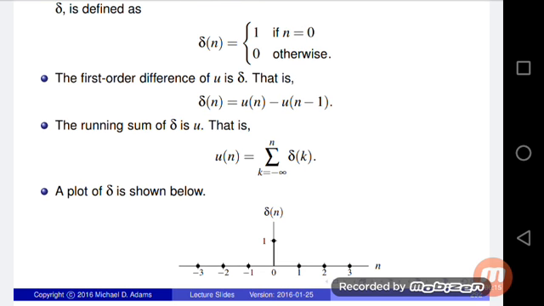Here we are observing delta of n, where total pulses or total unit volume is divided into equal intervals like 0, 1, 2, 3, 0, minus 1, minus 2, minus 3. That means unit volume represents the equivalence of the total signal.